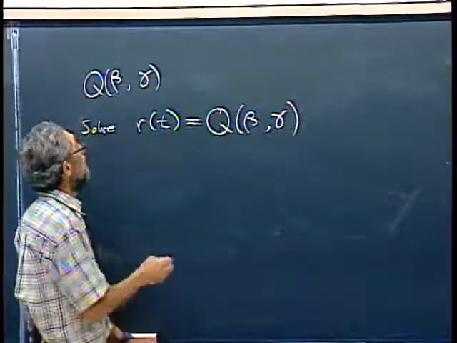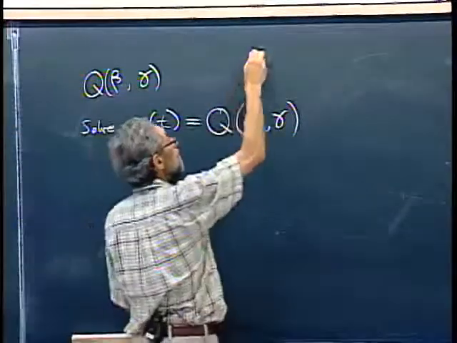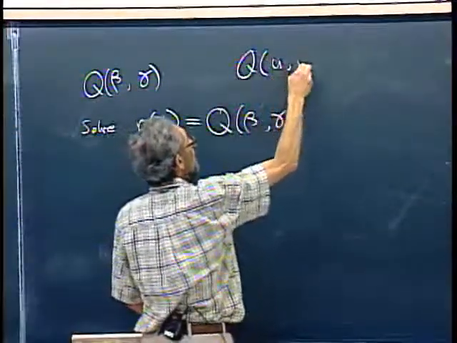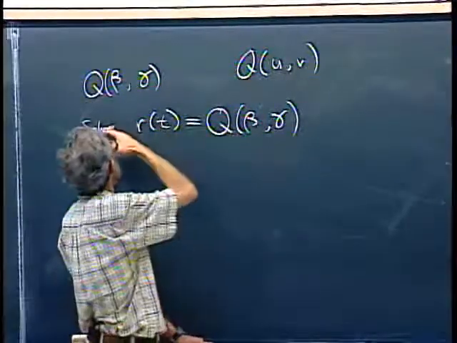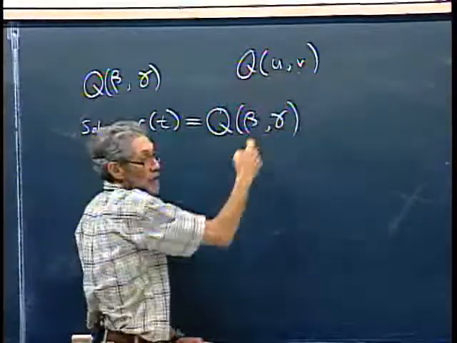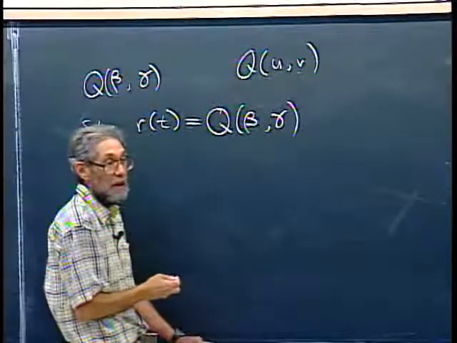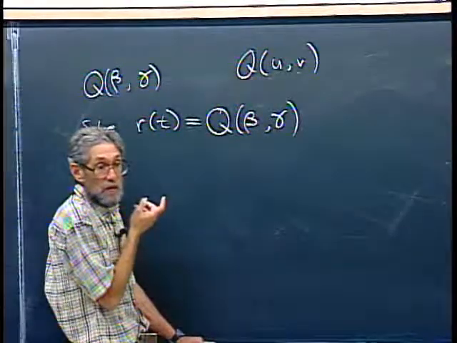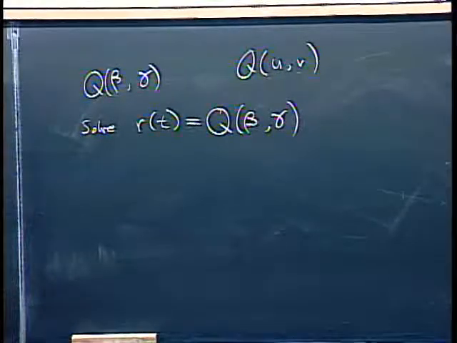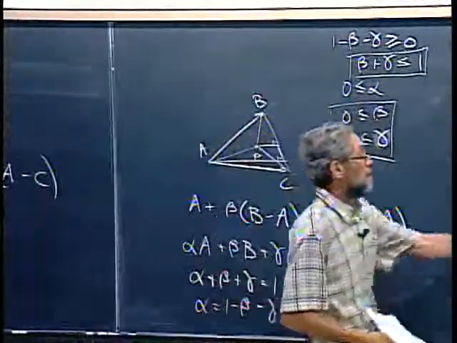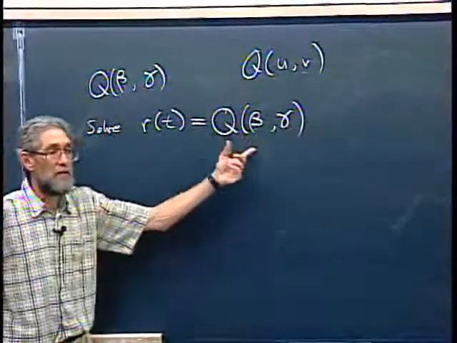Another case would be, say you have a bicubic patch Q, where usually we use U and V for the parameters. Then, again, we'd have three unknowns, T in the ray and U and V for the parameters. Here I just called them beta and gamma to follow the sheets I handed out. So we have three unknowns. Two of those unknowns say where on the surface the point is, and the third says where on the ray, and we're trying to find values of all three to make these coincide.